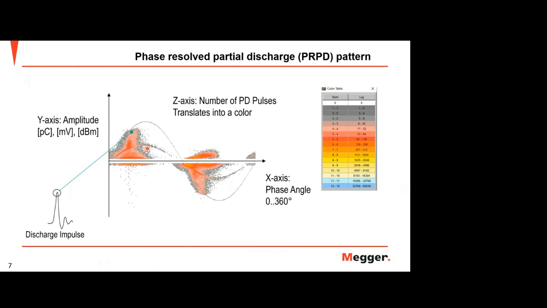At the end, you can see a special pattern that is very specific, informing you what the partial discharge type is in your measurement. So it is actually the phase resolved partial discharge, meaning you need to know the sinus wave of your voltage system to get an accurate PRPD analysis later on.